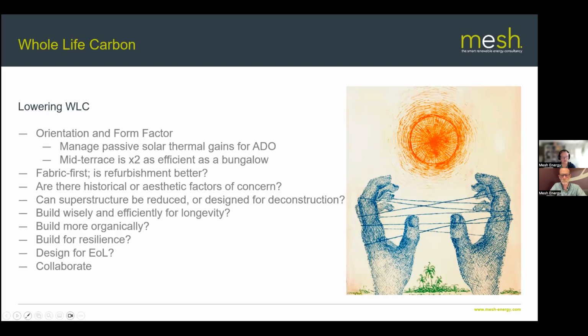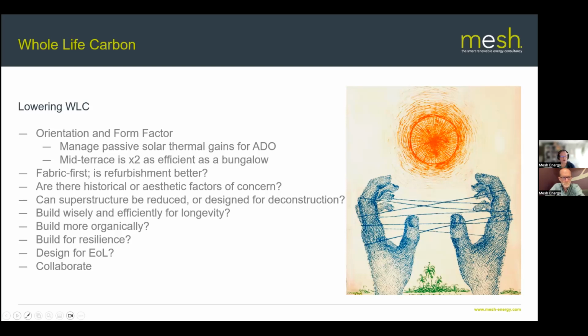Can we make use of orientation and form factor? That's really to gain from passive solar heat, but also reduce the energy loss of the building as well. So that's really the first phase in balancing the energy budget.